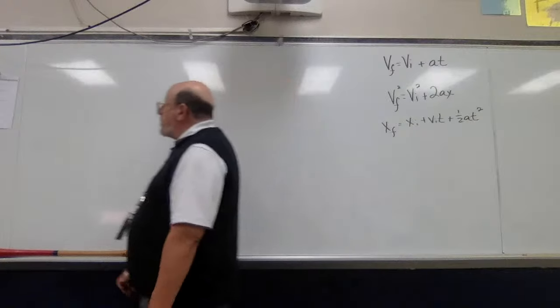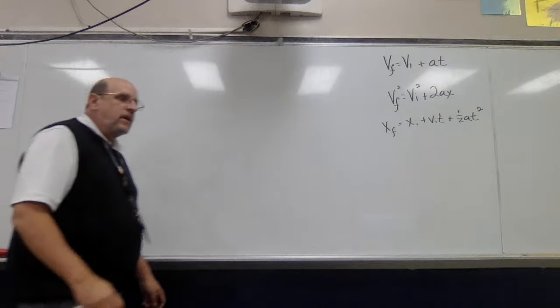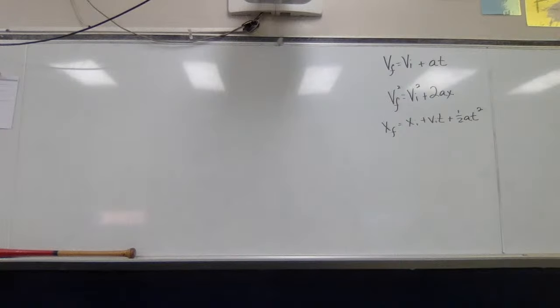Okay, so our first problem is: a skateboarder starts from rest and maintains a constant forward acceleration of 0.50 meters per second squared for 8.4 seconds. What is the rider's displacement after this time? So how do we solve a problem like this?